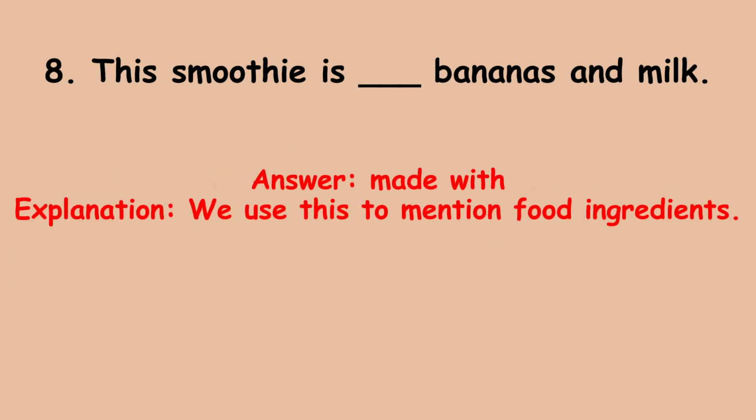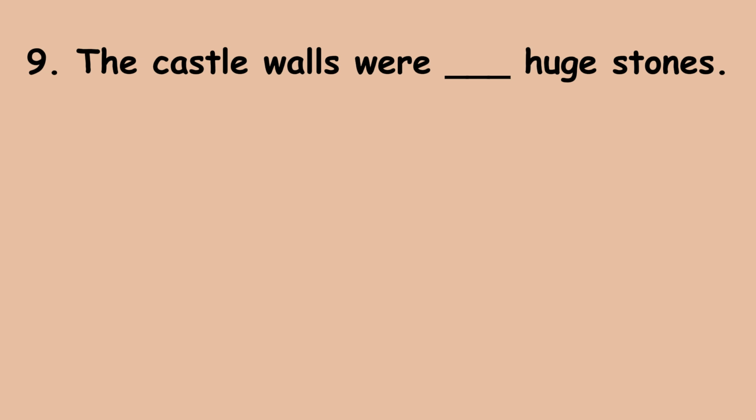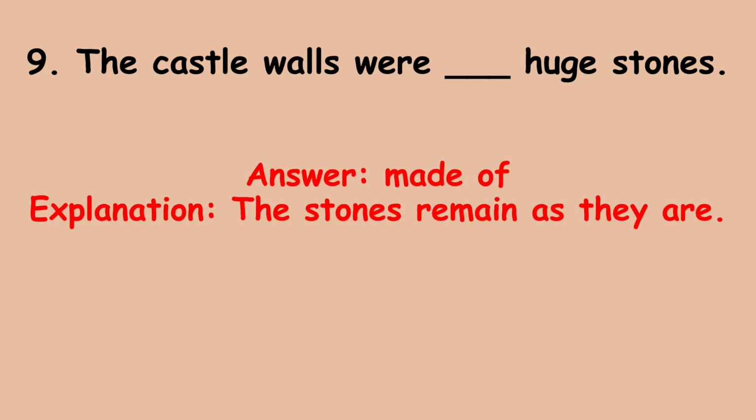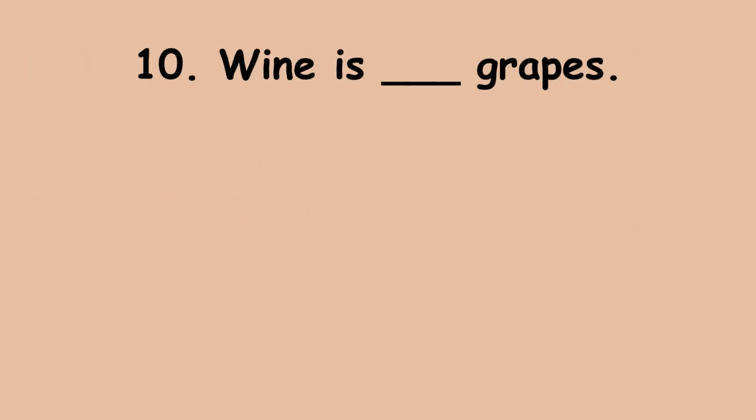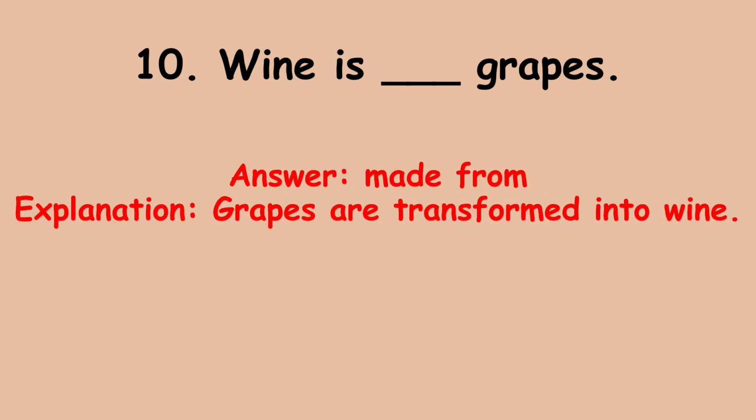The answer is made with because we use this to mention food ingredients. The answer is made of because the stones remain as they are. The answer is made from because grapes are transformed into wine.